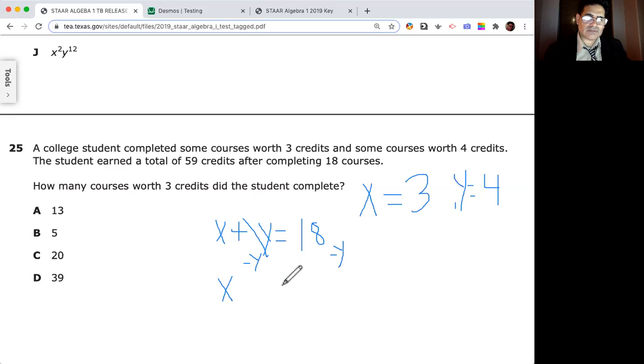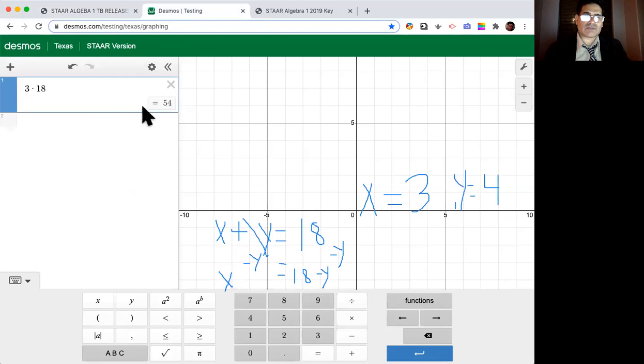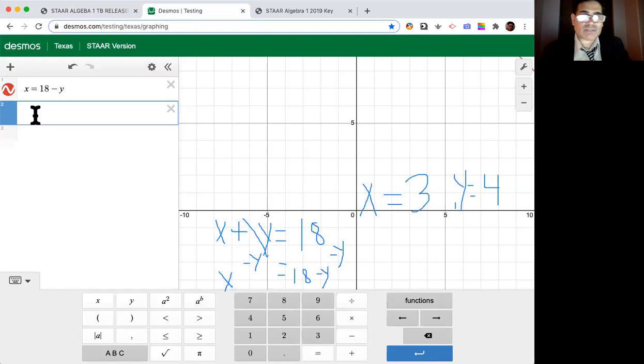Let's say, cross that out. x equals 18 minus y. Those are kind of sloppy, so let's see. So x equals 18 minus y. Let's see if we're on the right track. I'll double check this. There's a chance I could get this wrong. It just requires some thought. Okay, so x equals 18 minus y.